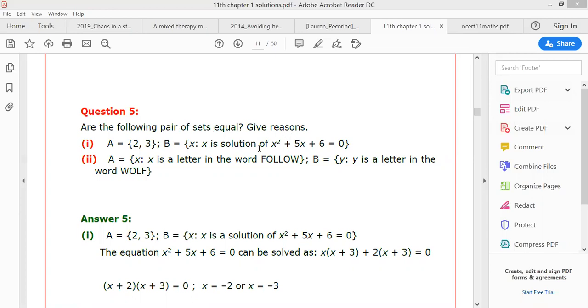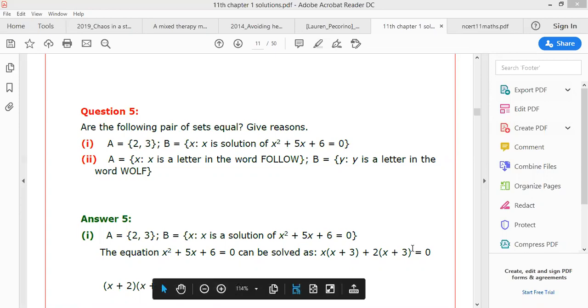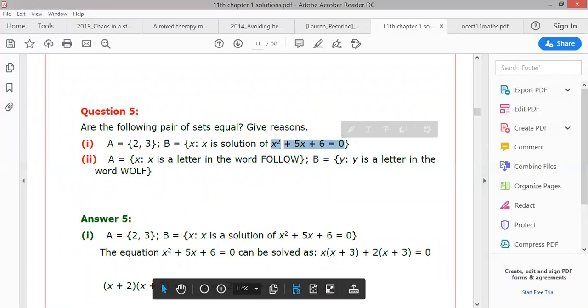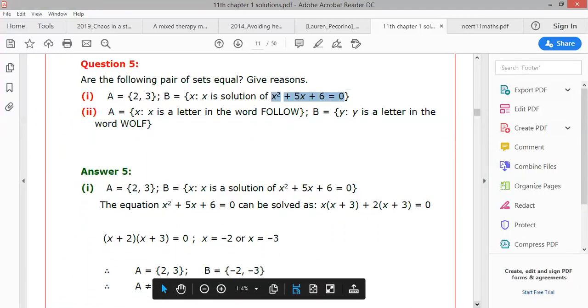Once again, the question is the same, the tune is different. A is equal to {2, 3}. B is equal to {x such that x is a solution of x squared plus 5x plus 6 equals 0}. If we want to solve this equation and find the elements of set B, let's check what are the elements of set B.